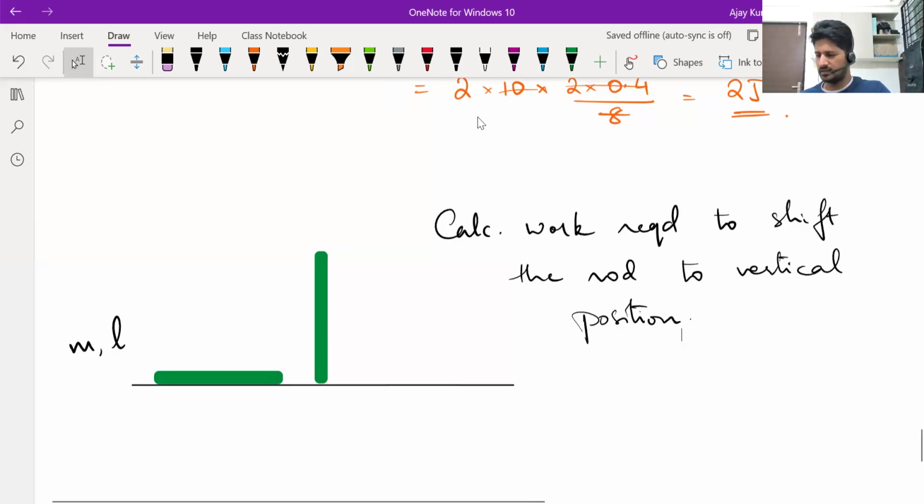Okay. Vanilla, your answer is correct only. Initially, the rod was at rest. Finally, also it is at rest.